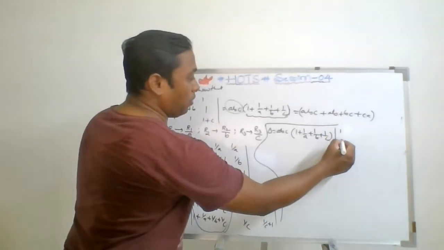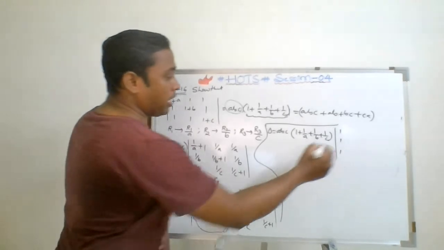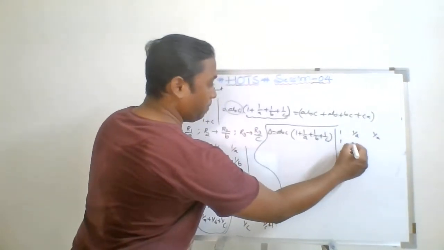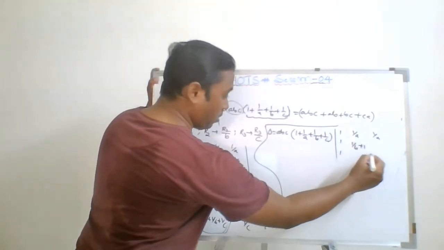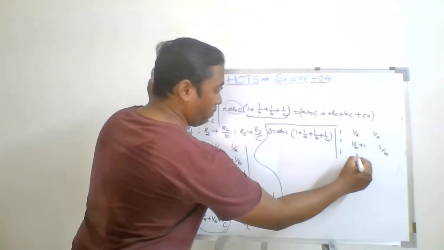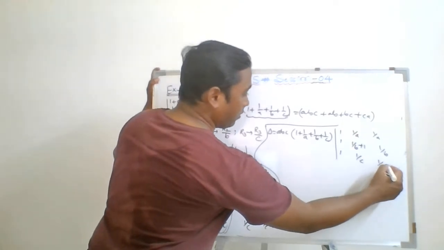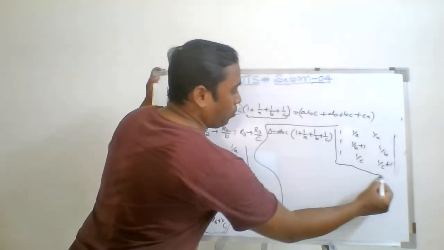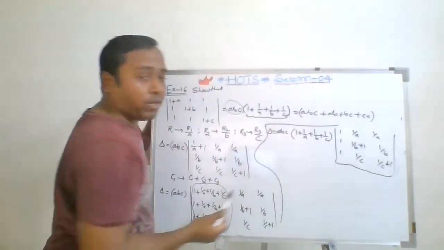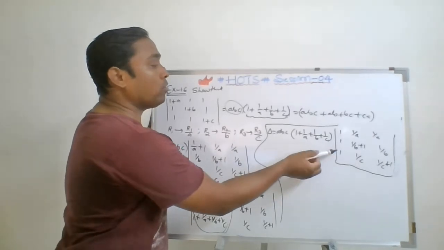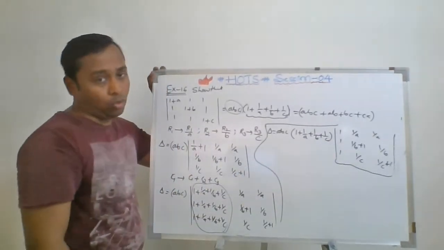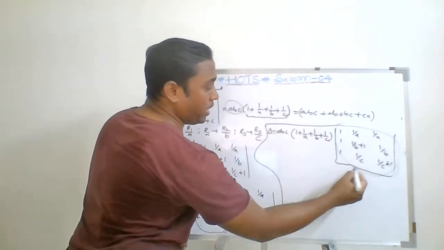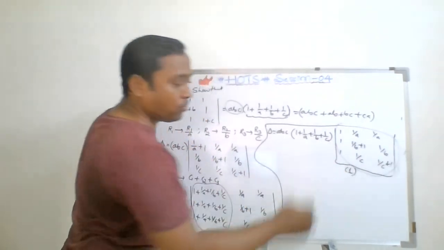So we are left with 1, 1, 1 as a coefficient, and then the remaining two columns are the same: 1 by A plus 1, 1 by A, 1 by B, 1 by B plus 1, 1 by C, 1 by C plus 1. That's it. Now, how will you proceed? There are again three ones in column 1, and make two zeros by applying the row operation. If you simplify with that operation and expand it, you will definitely get the answer as 1.